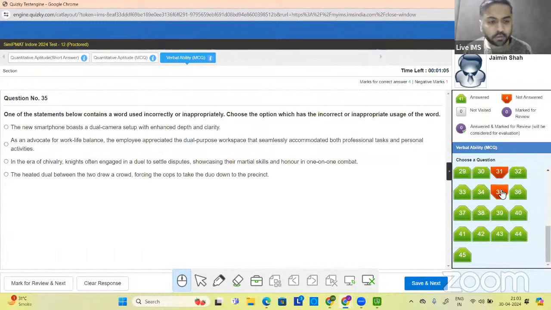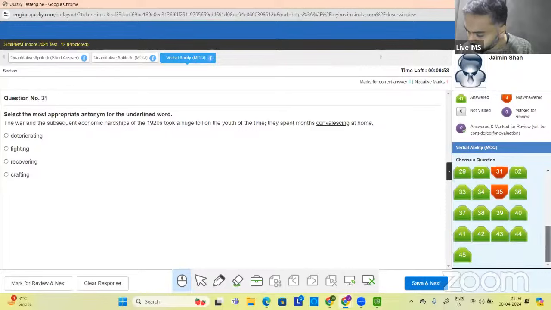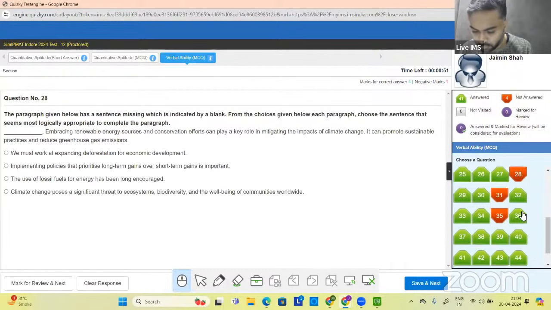Okay, 35. Embracing renewable energy and conservation can promote sustainable practices and reduce greenhouse emissions.